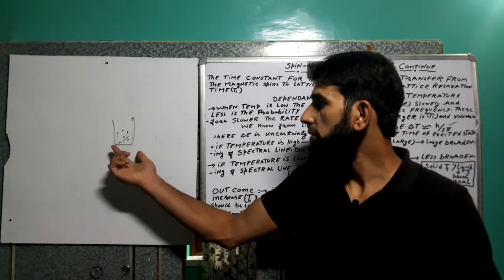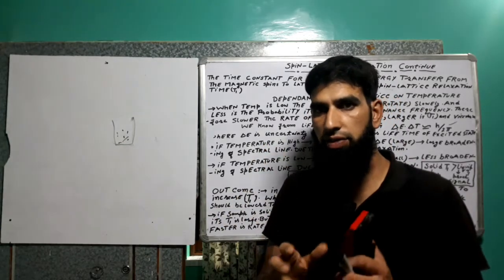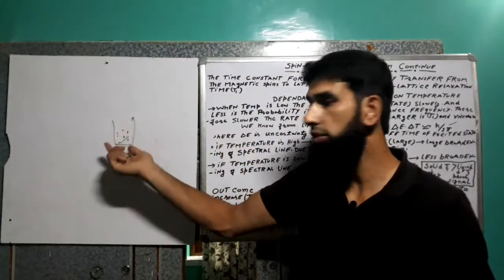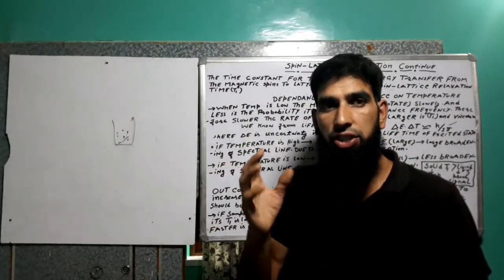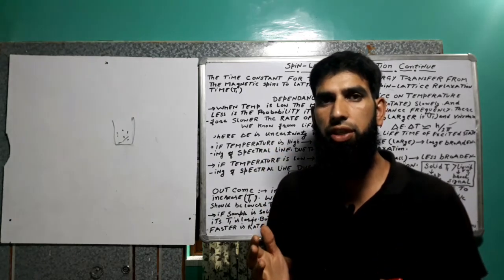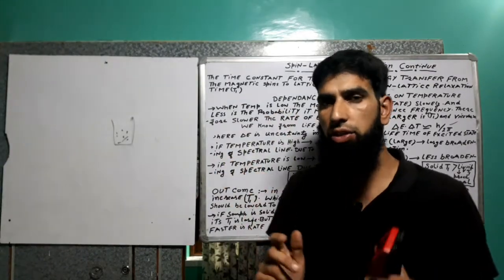If we keep the temperature very high, the molecules will tumble very fast. When they tumble very fast, the fluctuating magnetic field due to the tumbling will achieve the resonance frequency faster. It is logical, because the faster the motion, the faster they achieve the resonance frequency.